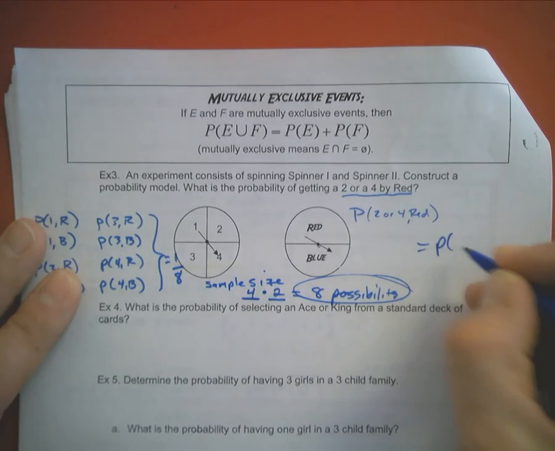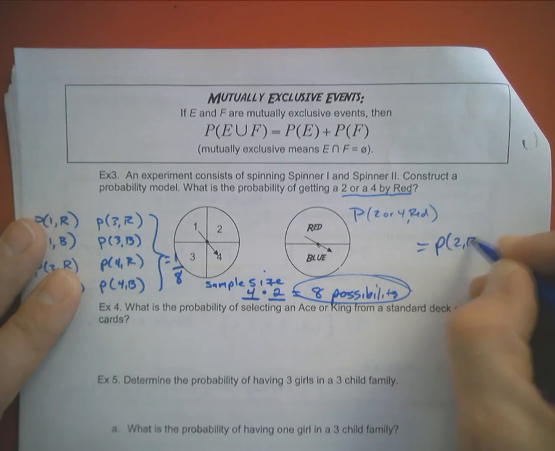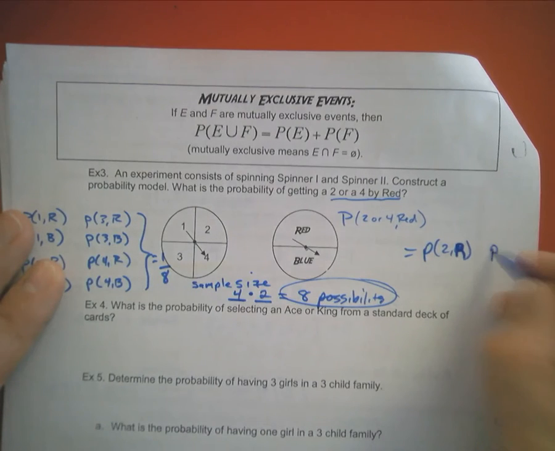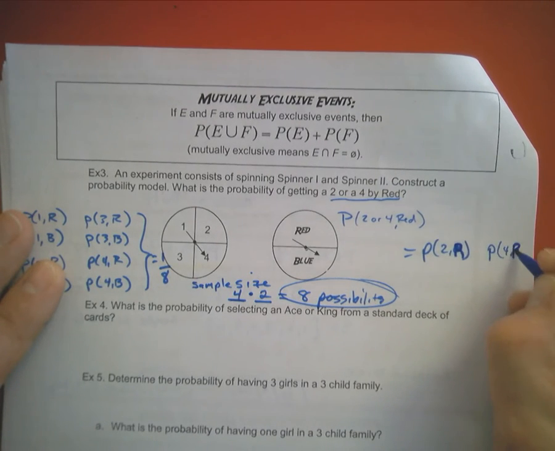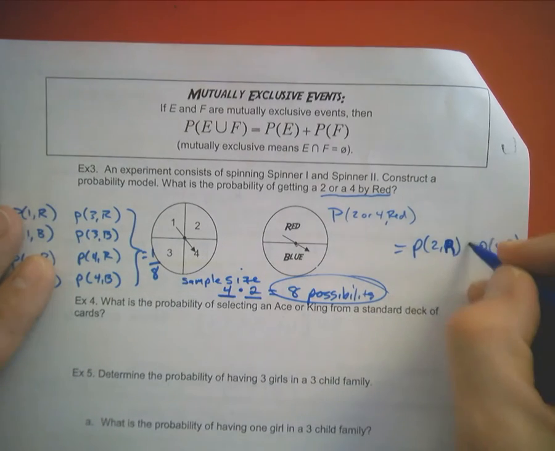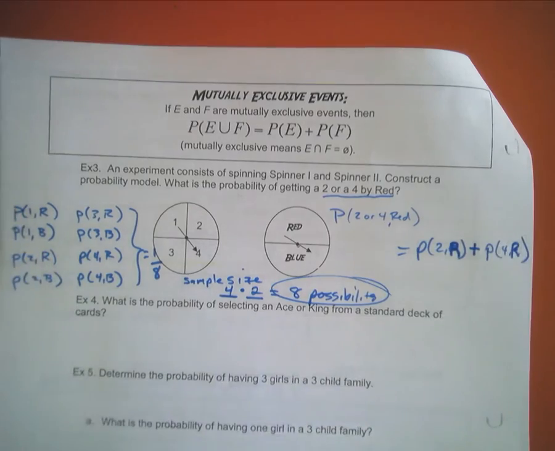Well, that means I got to take the probability of a 2 red and the probability of a 4 red. And what I need to do is add them together.